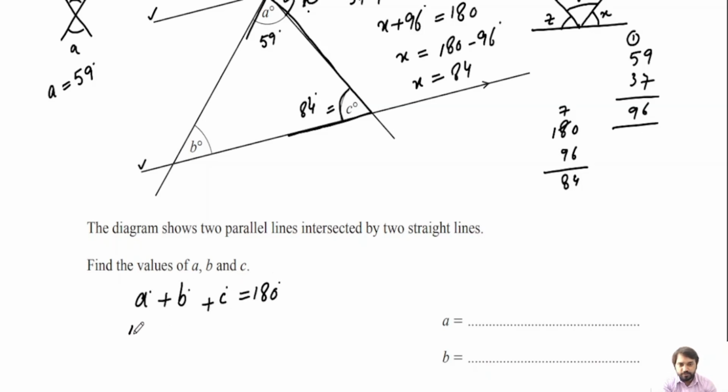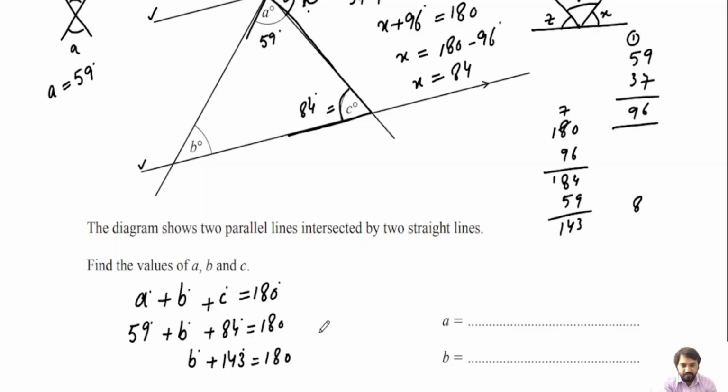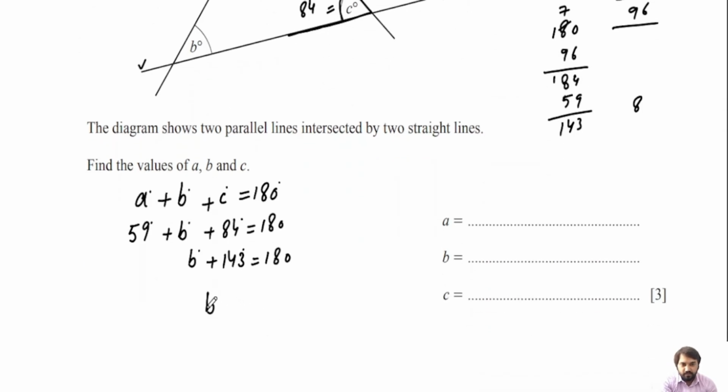Putting the values, we have 59 degrees plus B plus 84 degrees is equal to 180 degrees. Adding 84 and 59, we have 143. So B plus 143 degrees is equal to 180 degrees.